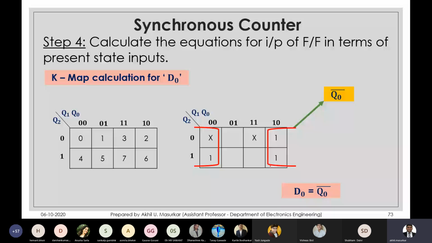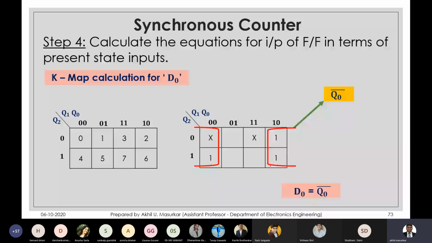So step number 3 is crucial. So how will you make that table? The sequence which is given to you, simply you will write it in the same order in that table, and then fill the next state table, and from present state and next state based on step number 2, that is the excitation table of the flip flop, we will write the values of D2, D1 and D0.